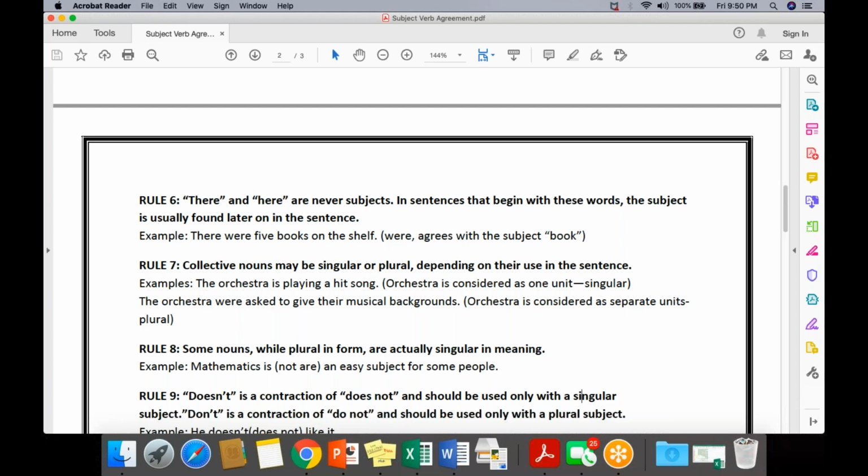News in itself. News is another word which ends with s but it's singular. Measles, mumps, species. There are so many examples.